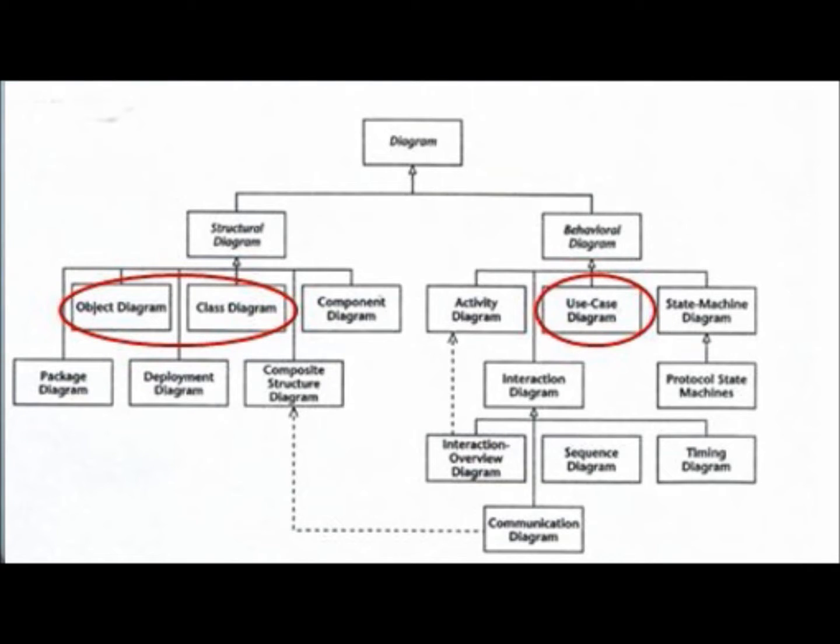So there are structural, behavioral, and interaction diagrams, and we're really going to focus on just structural and behavioral. Looking at the chart of all the different UML diagrams, under structural we're going to look at object and class, and under behavioral, we'll look at use case diagrams.